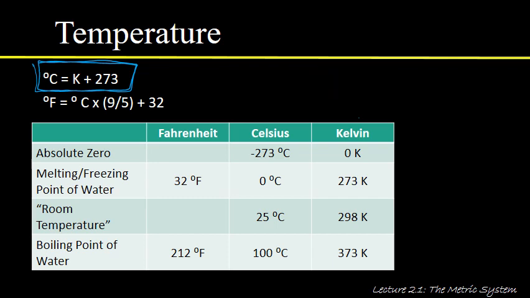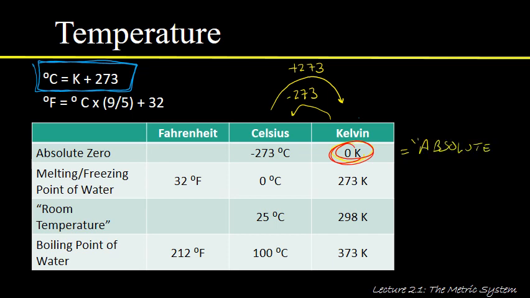And so anytime you're converting from Celsius to Kelvin, you just have to add 273, and anytime you're going from Kelvin to Celsius, subtract 273. The reason for that is that if you use the 273, then 0 Kelvin here will correspond to absolute 0, which is the lowest possible temperature.